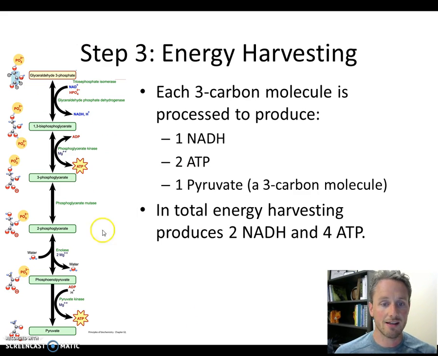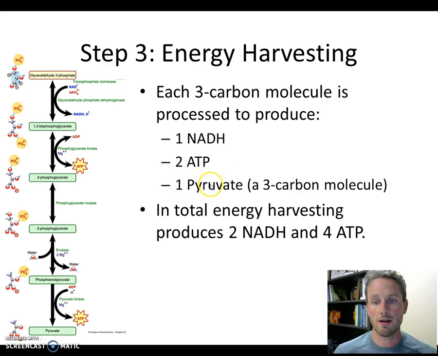So energy harvesting is going to involve 5 chemical reactions. But again, we're going to simplify this. So each of those 3-carbon molecules we just produced during cleavage, we're going to process them further, and we're going to produce 1 NADH molecule. This again is an energy carrier. We're going to produce 2 ATP molecules, again, energy carriers.